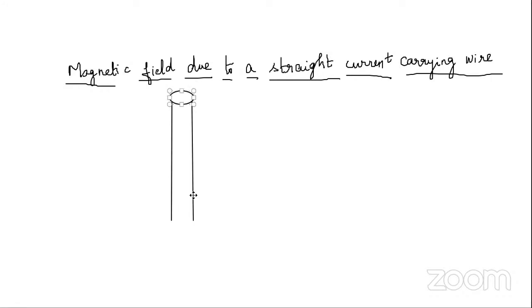This is the cylindrical shape of the wire, and this is the center point O.